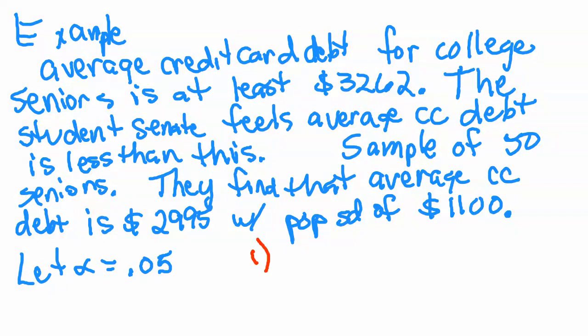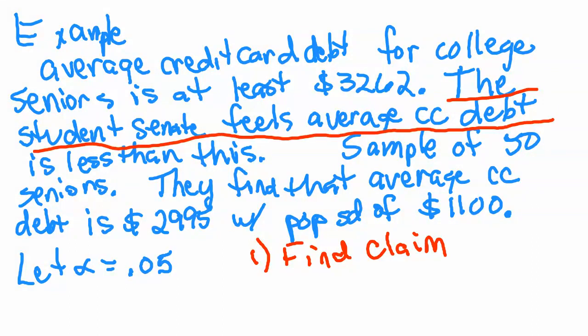The first step is find the claim. Okay, so what's the claim here? The claim is that the student senate feels the average credit card debt is less than 3262.